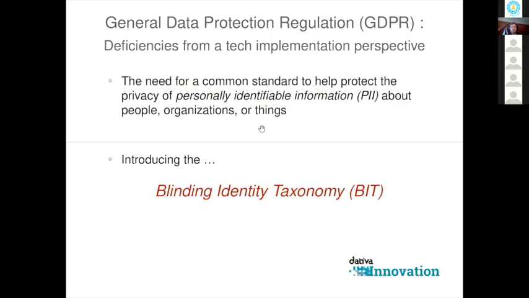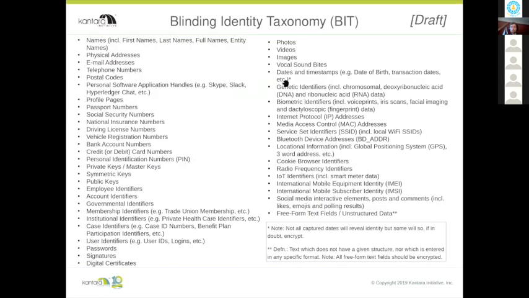So through some discussions within the community, Paul Knowles from Dativa Innovation created something called the Blinding Identity Taxonomy. Currently, it looks more or less like this.